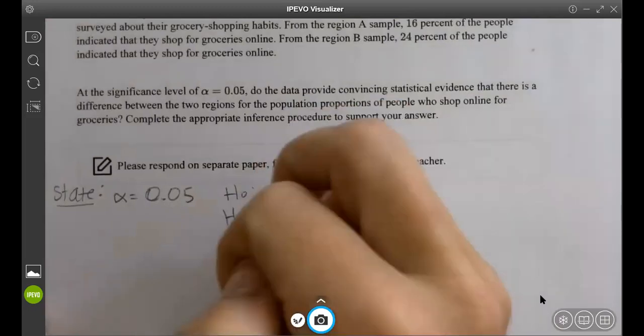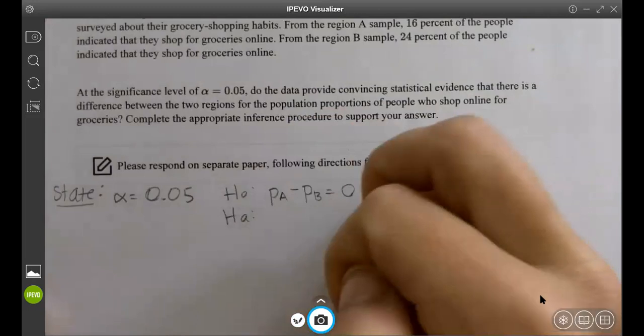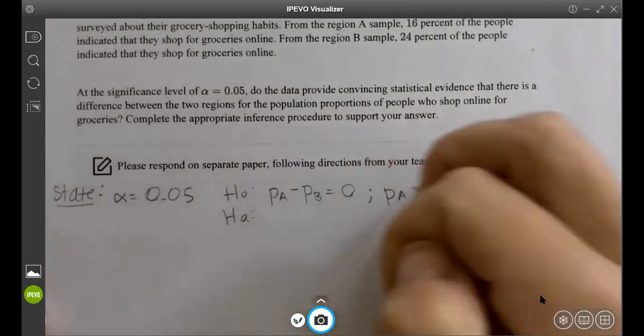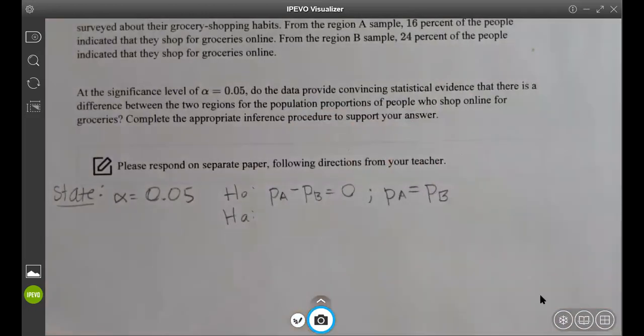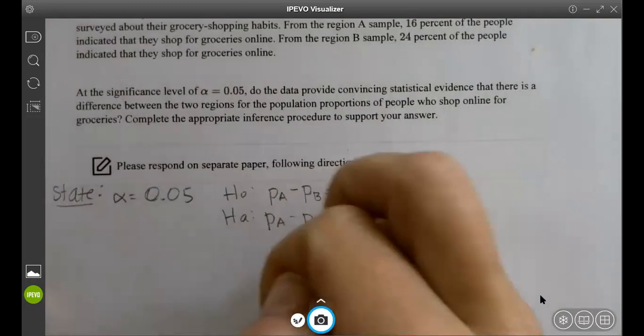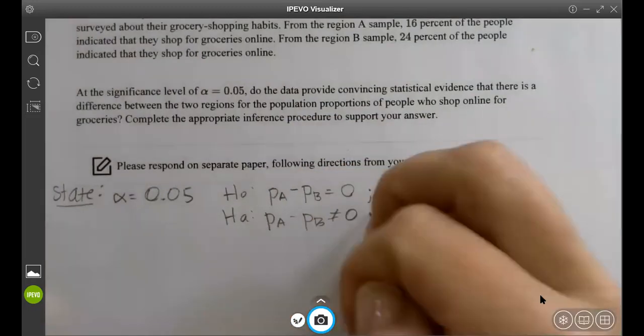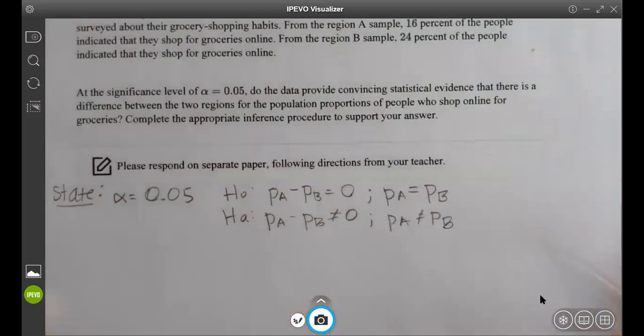P of A minus P of B is equal to 0, or you can do P of A equals P of B. There's no difference. It does not matter which one you use, okay? So then if you do your alternate, it will not equal 0, or they will not equal each other. Again, both of them are the same thing.